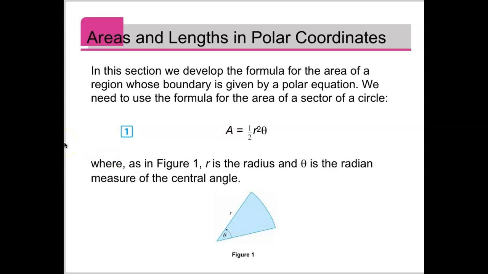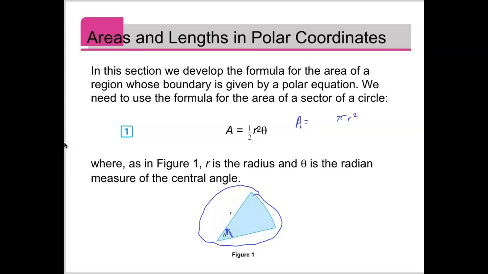And that just comes from the fact that the area of a sector will be proportional to the central angle that subtends it. So by that I mean you just need to multiply the area of the overall circle, pi r squared, by the proportion that the sector takes up.